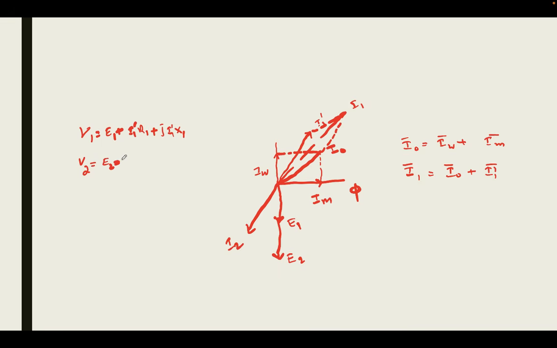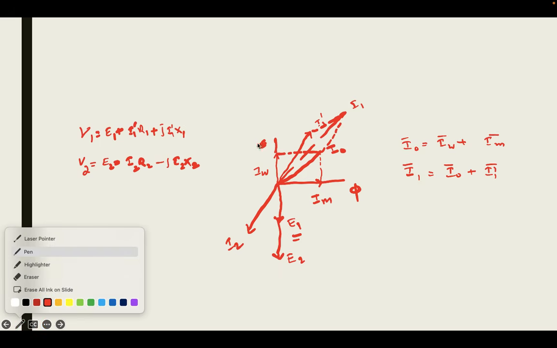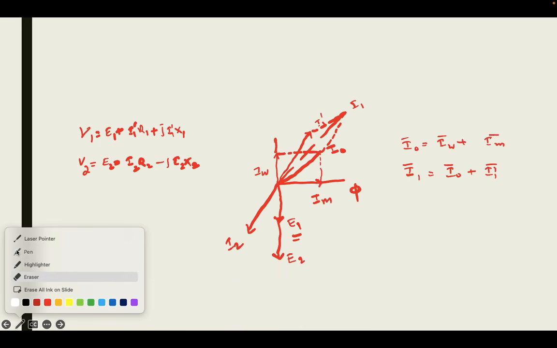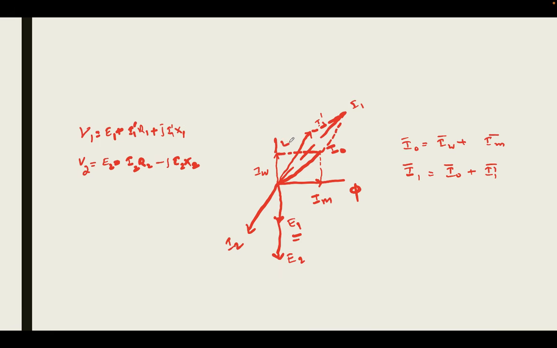E2 minus I2 R2 minus j I2 X2. Now, considering this vector is E1, if we reverse this vector E1, then we can represent it as minus E1.